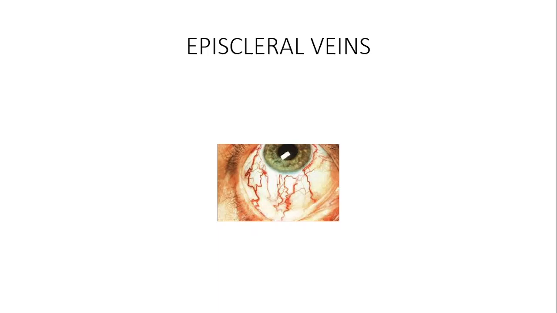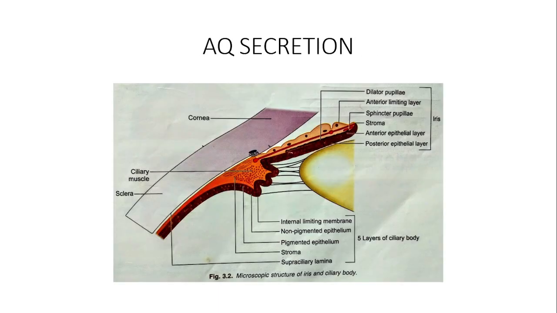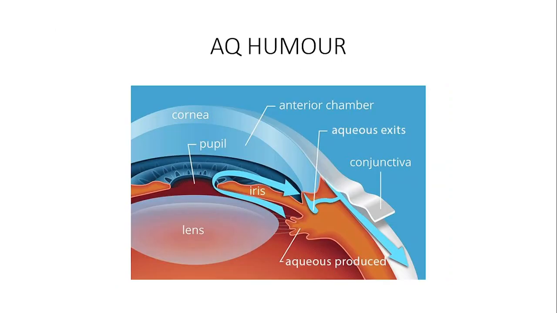Now let's talk about short-term fluctuations in aqueous humor. For example, when there is central venous pressure increase, there is the tendency that the pressure may increase.